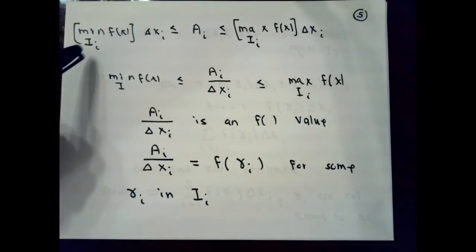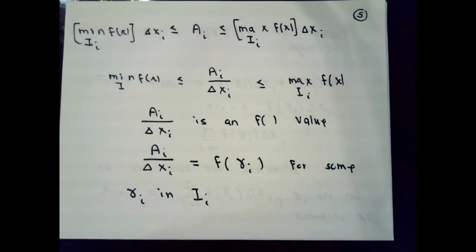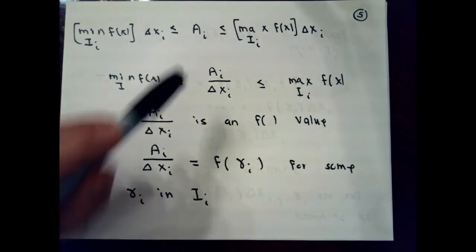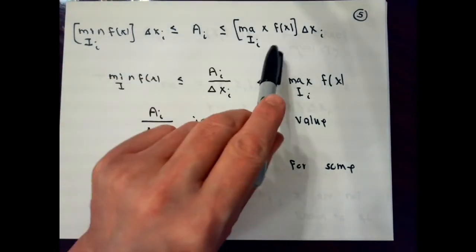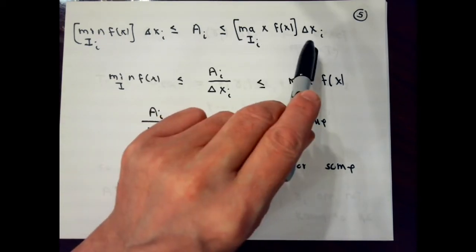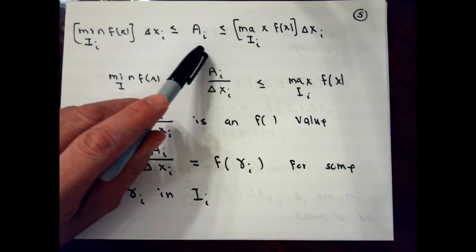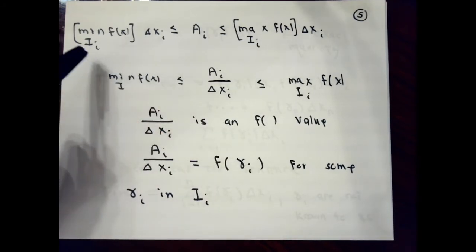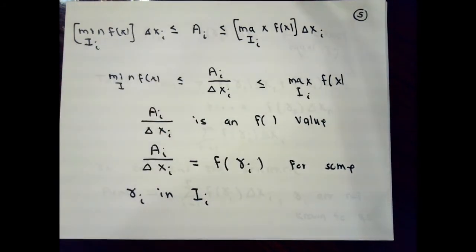When I write minimum over interval number I, I'm just thinking of that particular subinterval. So the area is smaller than the biggest function value on subinterval number I times its width, and the area is bigger than the smallest function value times delta xi.